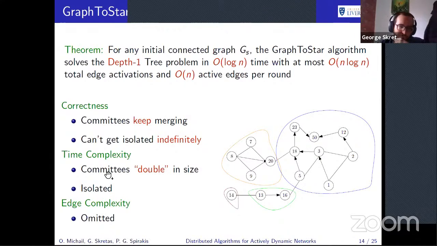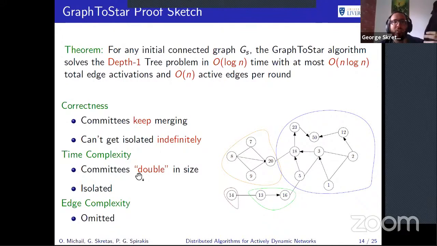Now, as far as time goes, we use an amortized argument that in every phase, every committee doubles its size. For example, here, after 7, 8, and 9 pick 20, after one phase, if we assume that all committees have the same size, committee 20 will absorb 3 other committees of its size, so it will triple in size. Here it will double in size. Here it will become 7 times larger, but this will require 3 phases of the tree to star subroutine that I explained before.